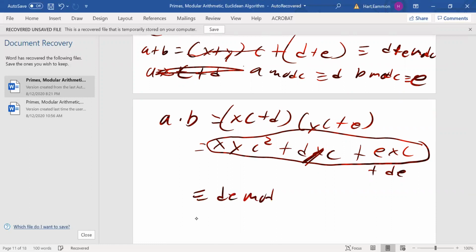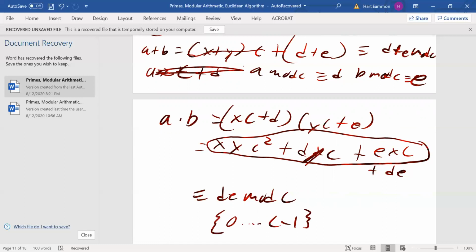de mod c. And again, this might not be the most natural way of representing it, so I might have to subtract a multiple of c to get it within the range. We normally write things between 0 and c minus 1, but we don't have to.